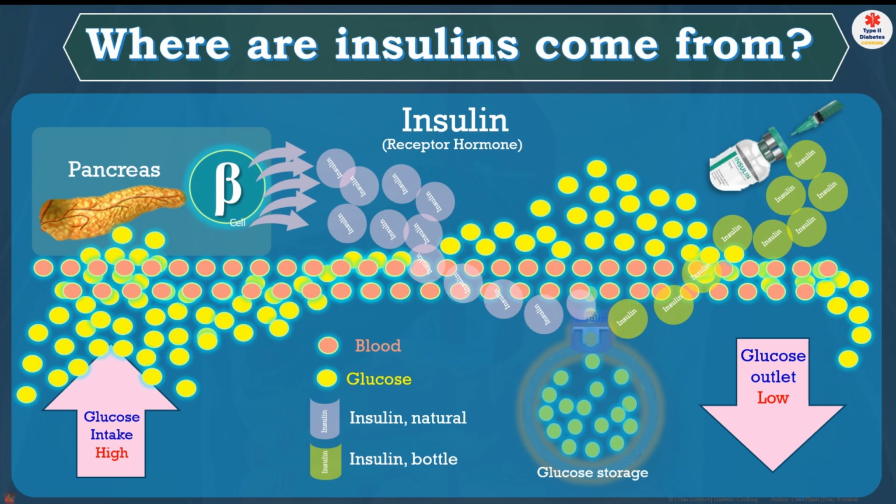When you have the glucose intake high, everything comes like this. When you eat food, right, the food is glucose intake. The body checks the glucose. If the glucose is high, it will go flooding into your system, okay? And then the pancreas has to react.